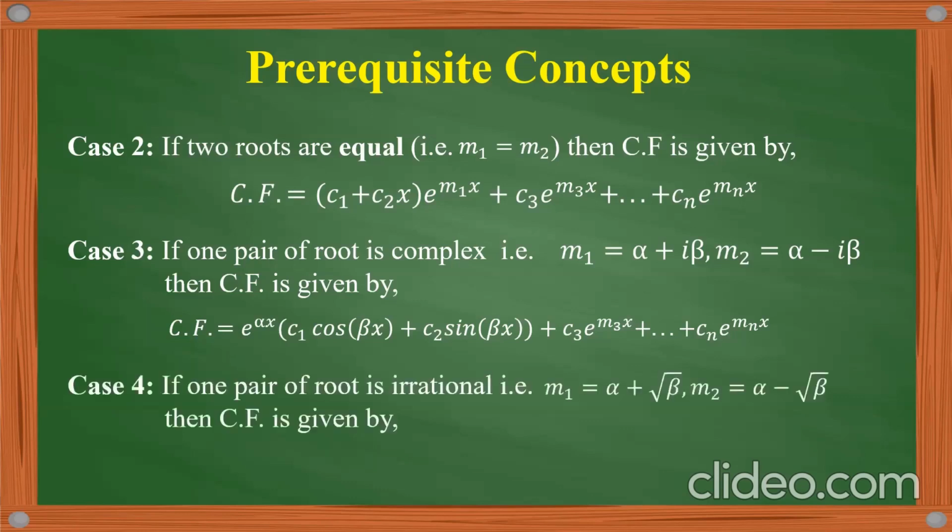And in the last case, if we have one pair of roots as irrational numbers, that is alpha plus or minus root beta, then our complementary function will be e^(alpha x) into (c1 cosh(root beta x) plus c2 sinh(root beta x)). So these are 4 different cases by which we can find the complementary function of any linear differential equation with constant coefficients.